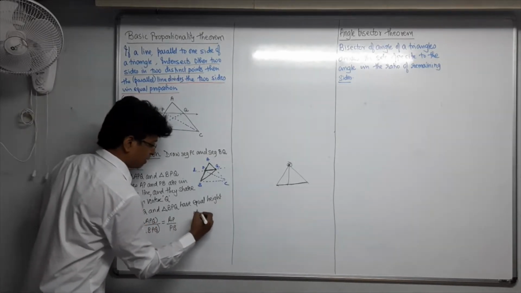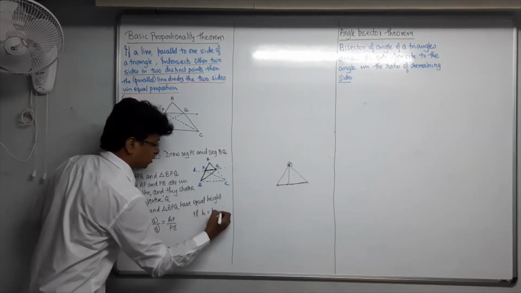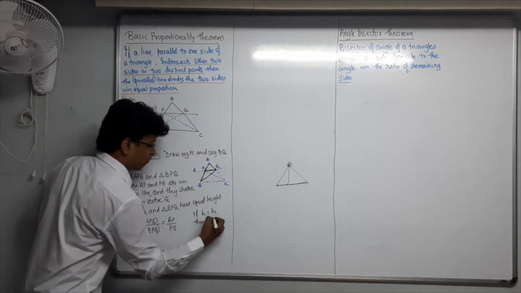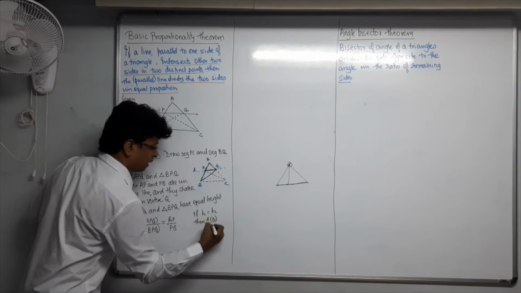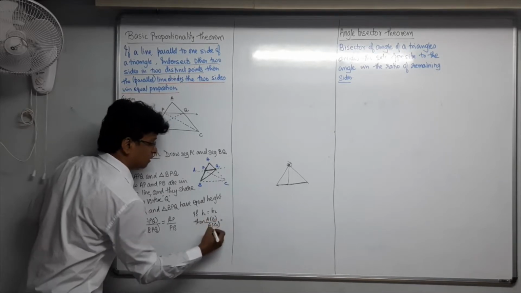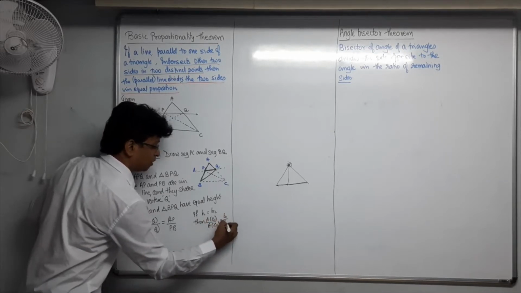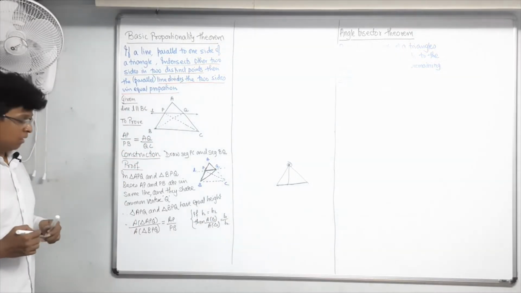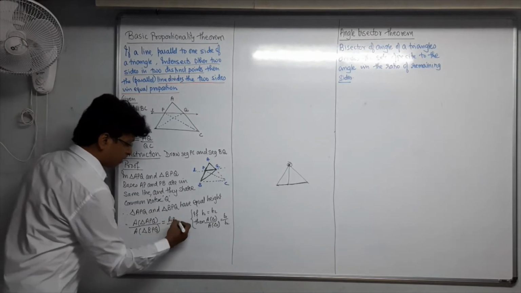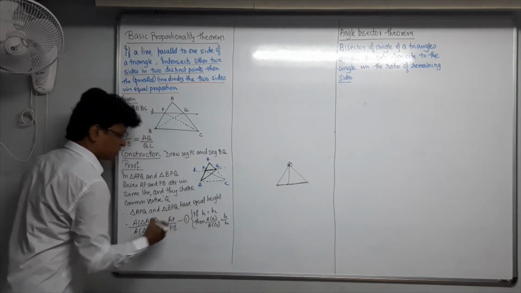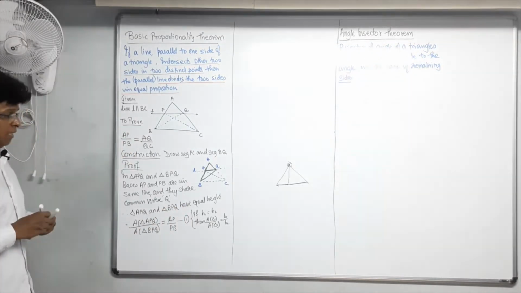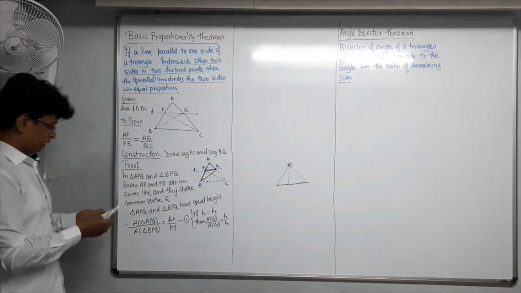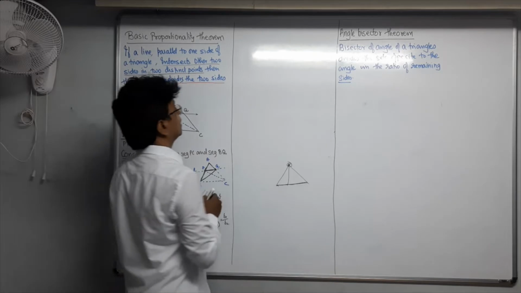If H1 is equal to H2, then area of triangle 1 upon area of triangle 2 is equal to what? B1 upon B2. This is the reason. Now this is your first equation. Same thing you have to do on the other side. Same thing you are going to do on the other side.